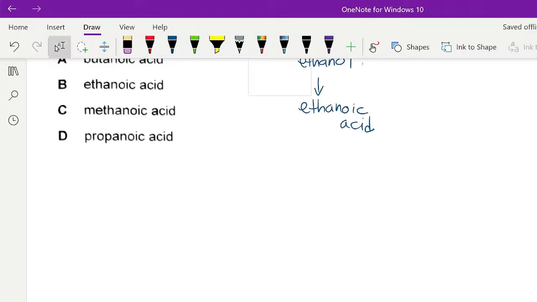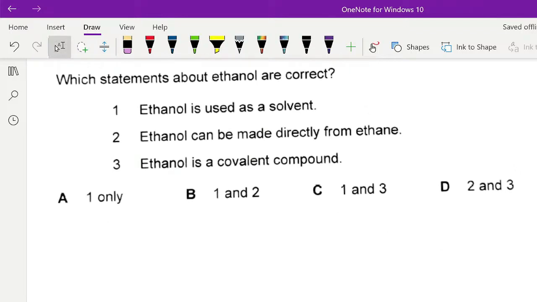Which statements about ethanol are correct? Ethanol is used as a solvent. It can dissolve polar and non-polar substances, so it's a very good solvent. Ethanol can be directly made from ethane. This is wrong. It can be made from ethene reacting with steam. All right, and this is a review.